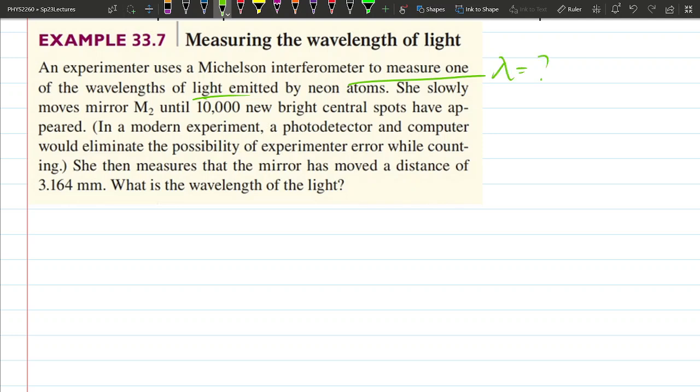So the experimenter slowly moved mirror number 2 until there were 10,000 bright central spots that appeared, meaning as she moved the mirror, the spot keeps appearing. It's what's known as a fringe shift, where you change from a dark fringe to a bright fringe.